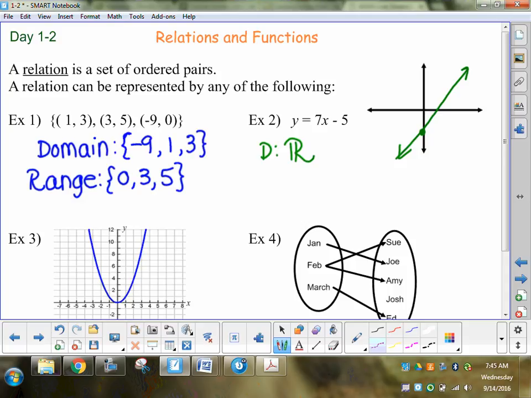The range, which is the y values, and that's the symbol for all real numbers, the range is the y values. This will drop down going to negative infinity, meaning no matter how low I go, there's always some y value on this graph that will be there. This graph rises forever, or is unbounded above. That means that it goes up to positive infinity.